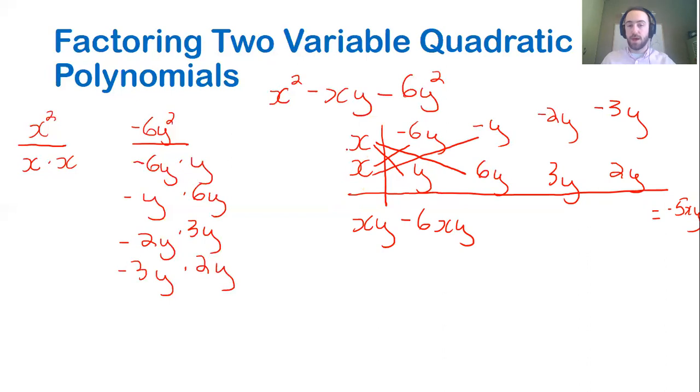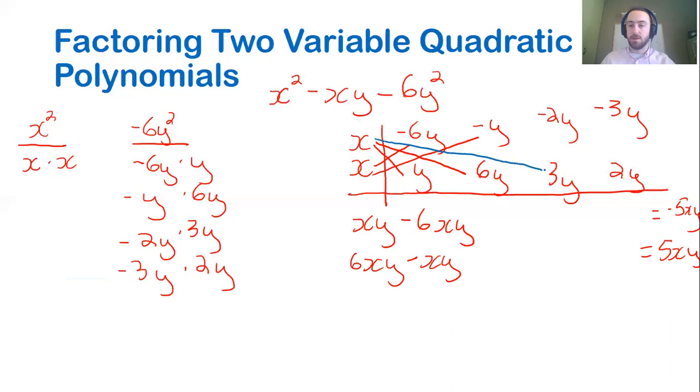So now we have x multiplied by 6y, giving us 6xy. And we have x multiplied by negative y, giving us negative xy. Doing the addition, giving us 5xy, positive 5xy. Again, not our middle term. Let's go ahead and continue.